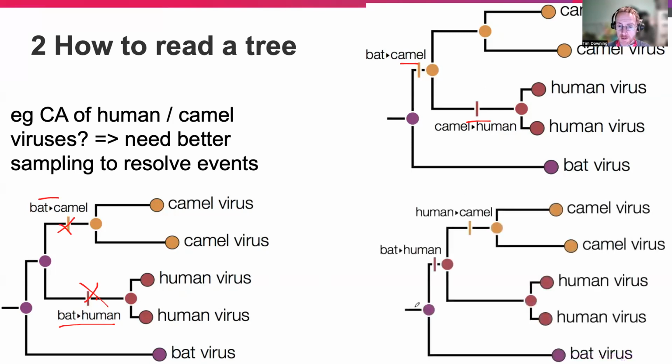And then we have this third option, bat to human, human to camel as well. So for each particular scenario, we have two different options, and therefore it's not easy to resolve which one is most likely. Certainly the time interval here for this branch is shorter. This one is longer, and this one is longer, suggesting that there's more time available for two separate transmissions, in my own opinion. So that would be my hunch, but the data doesn't necessarily answer that. We'd have to do more sampling, really.